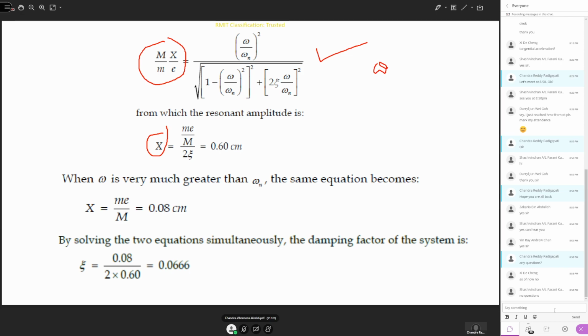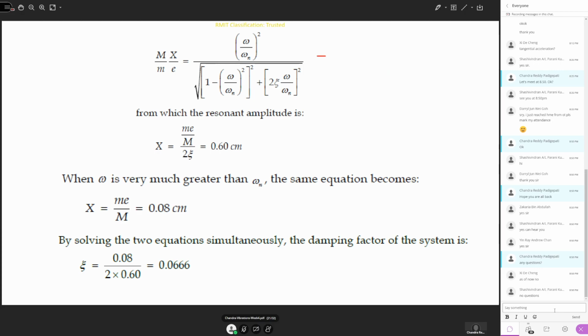If you replace this with 1, this one will be 1, and this one is also 1. So this expression becomes 1 over just 2 eta, because the square root of 2 eta squared becomes just 2 eta.